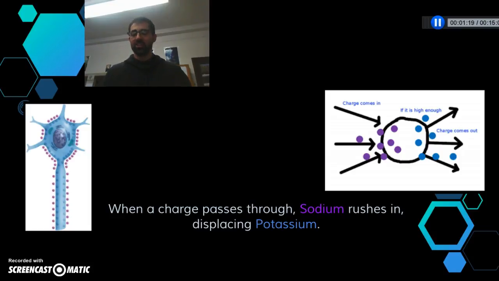So again, neurons are at rest when the sodium ions are on the outside of the cell body and the potassium ions on the inside. When there's a spike, the sodium, the purple, rushes in, displacing the potassium, the blue, on the way out. This is what the action potential is. This is how the electrical potential is passed along the length of the axon.